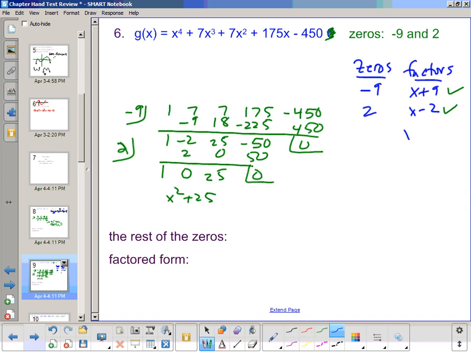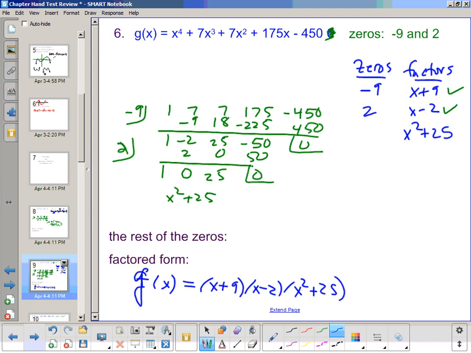It's quadratic. So that is the third factor. And so we've got the factored form. Oops, this is g of x. And all that's left to do is to find the two zeros that come from this quadratic factor.